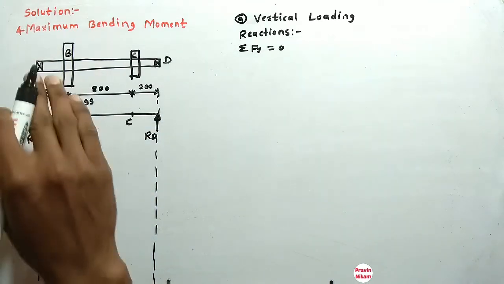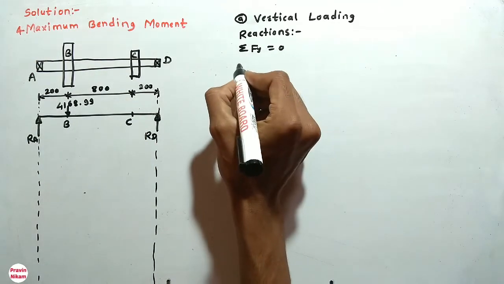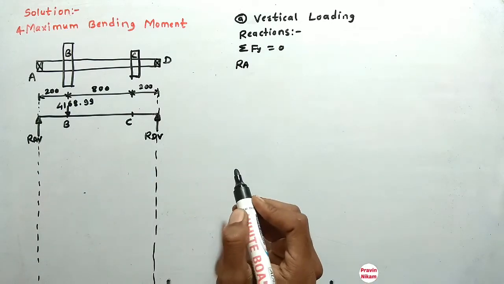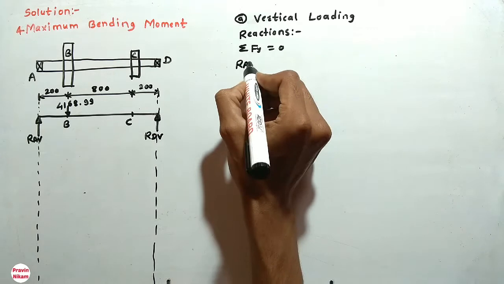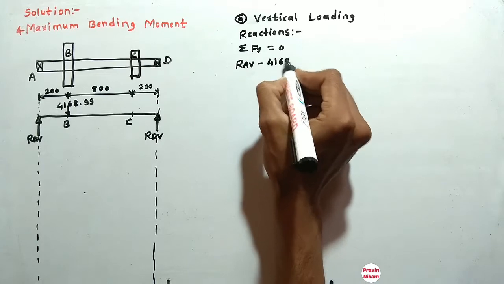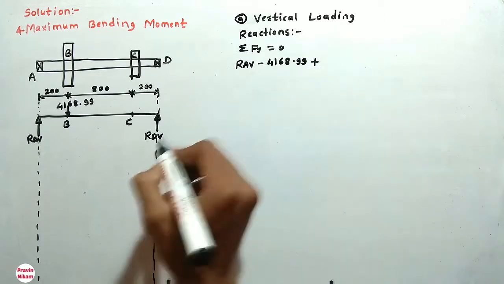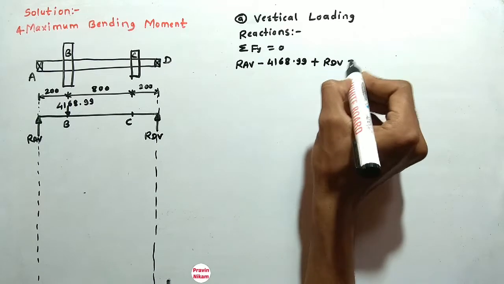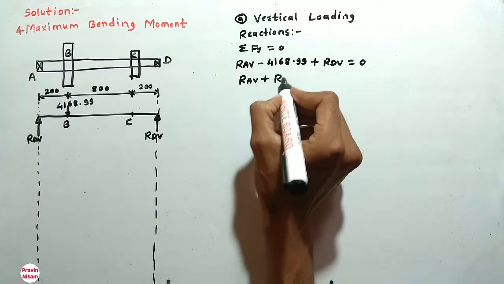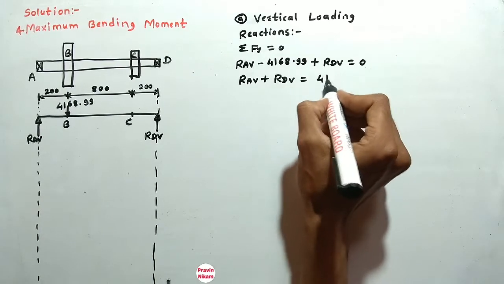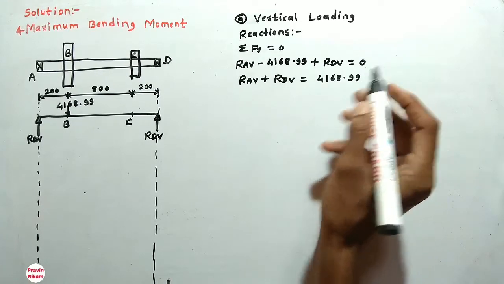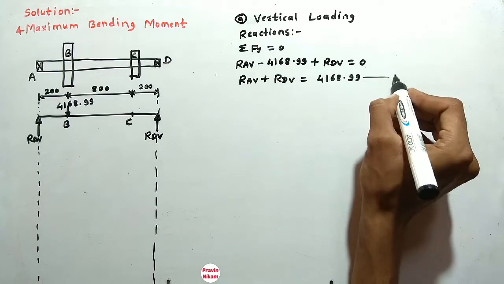Vertical upward forces are positive, downward forces are negative. So RAV, the reaction for vertical, minus 4168.99 plus RDV is equal to 0. So RAV plus RDV is equal to 4168.99. Now this is equation 1.